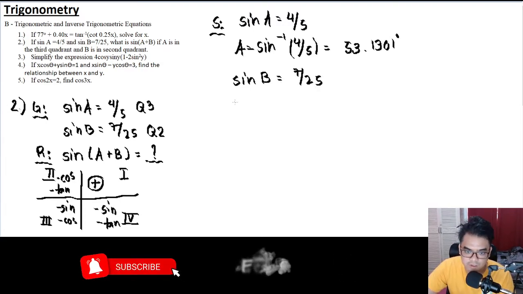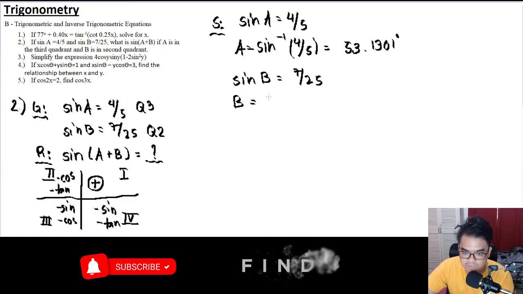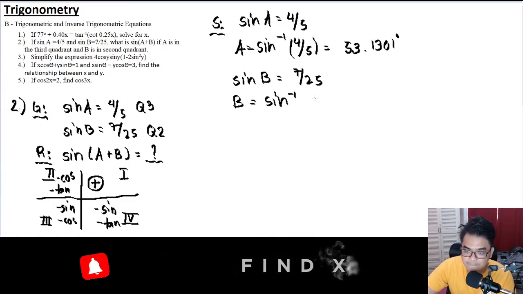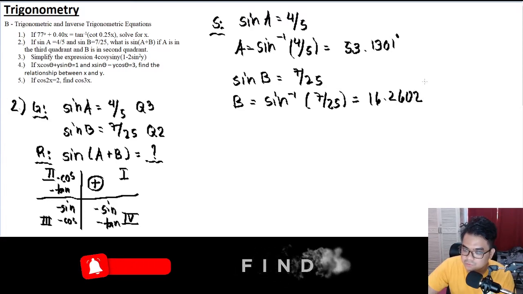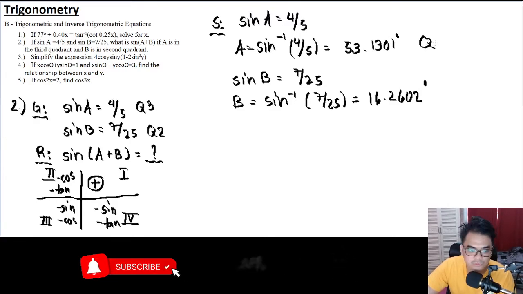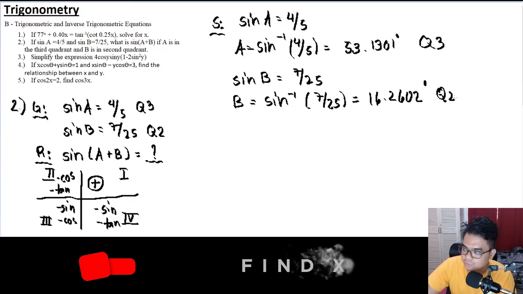Take the arc sine again of both sides, so B equals arc sine of 7/25, which will be equal to 16.2602. But we have to take note that angle A is in Q3 and angle B is in Q2.